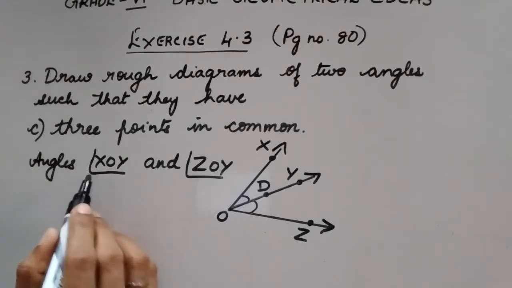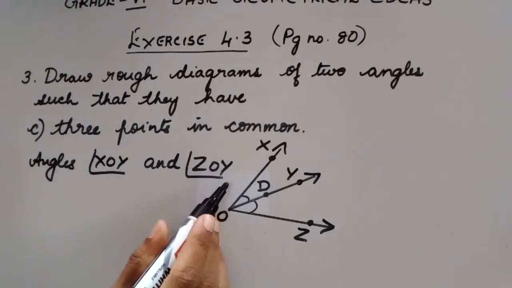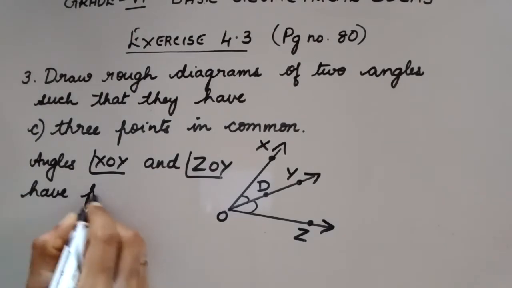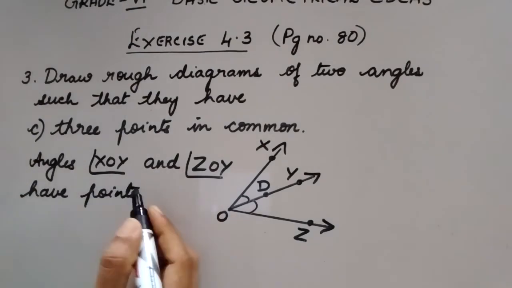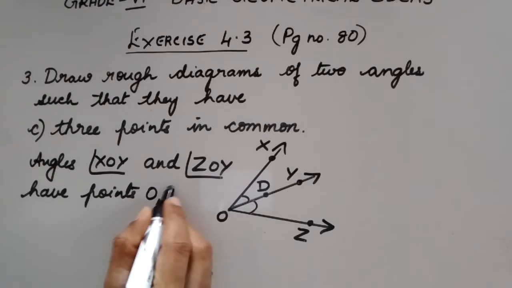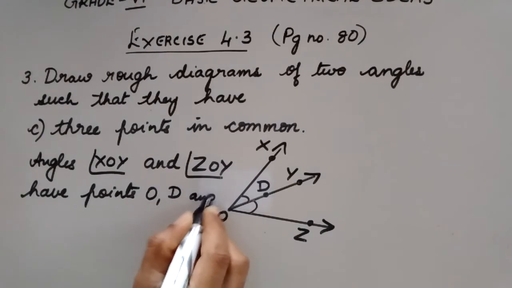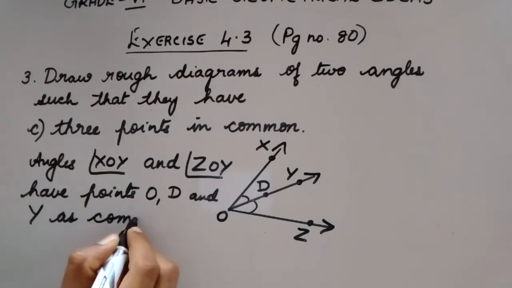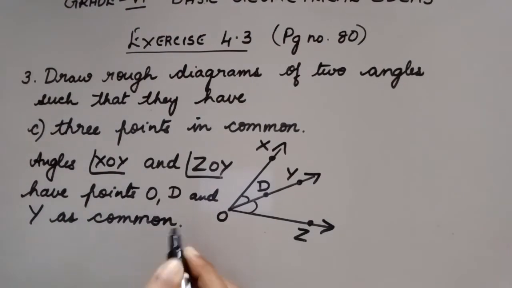So here angles XOY and ZOY have points O, D and Y as common. Did you get this, students?